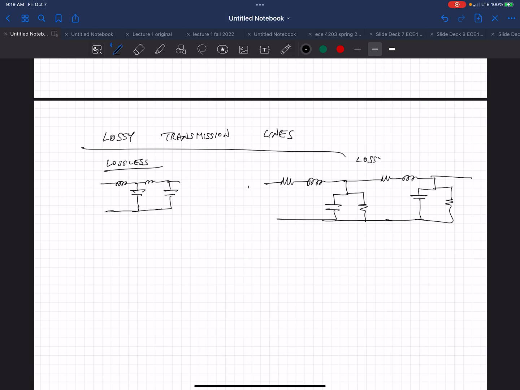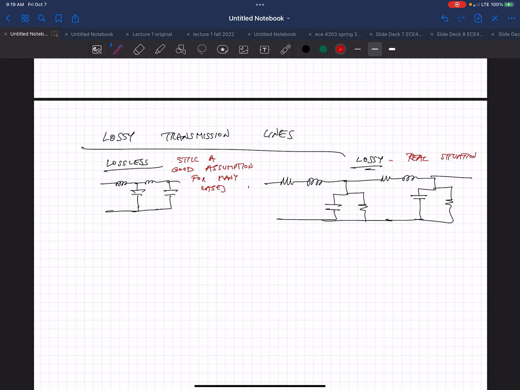Lossy transmission lines. So this is still a good assumption for many cases, but this is the sort of the real situation.